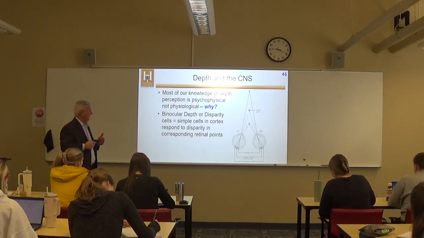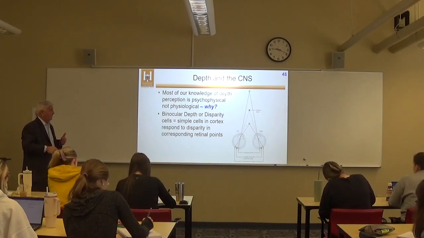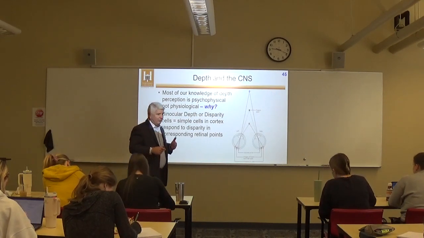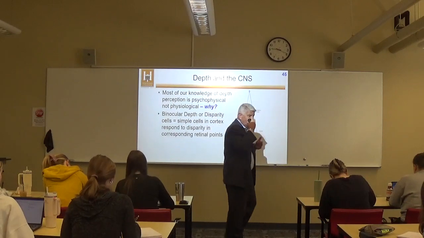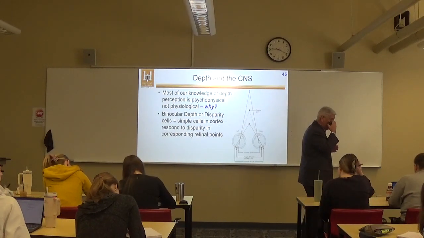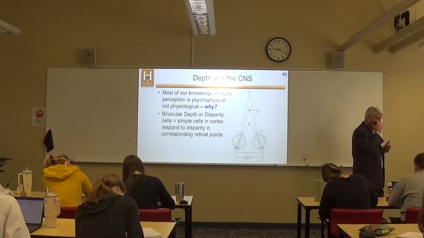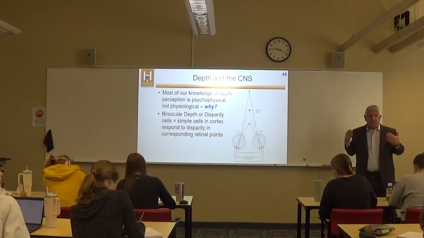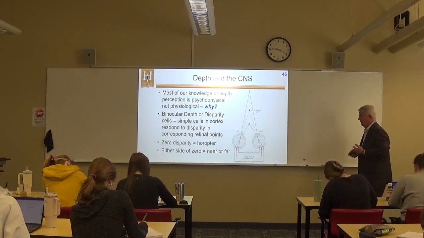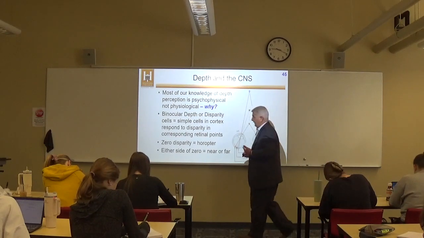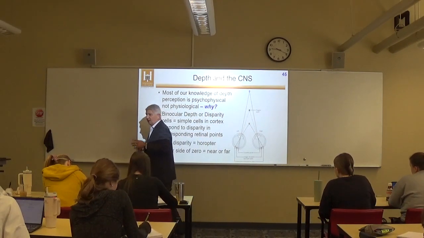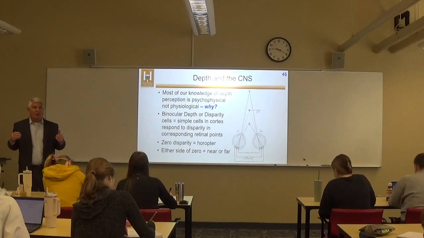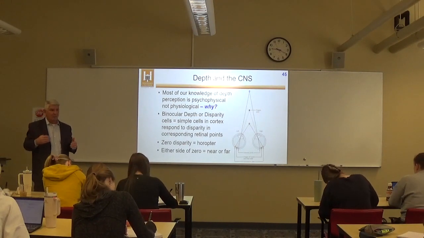We do know that there's some cells in the cortex that respond to disparity, that are cued not just for angles of lines, but for how much disparity there is from images on our retina. There are cells that are zero disparity. That means we're in our horopter. The bigger the disparity, again, the further away we are from our plane of focus.